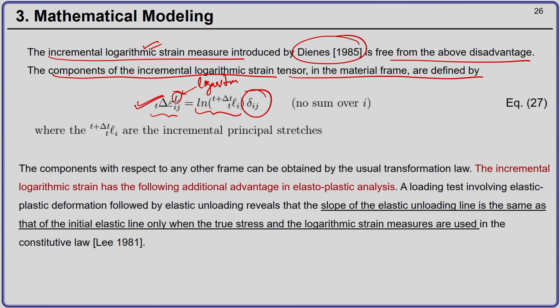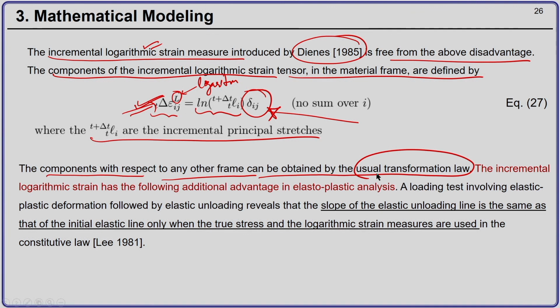Okay. Here this is the incremental principal stretch. Now, this is in the frame formed by the principal vectors. So, the components of the logarithmic strain tensor in any other frame can be obtained by the transformation rule. Okay. So, you can transform these components, remember this is delta ij.